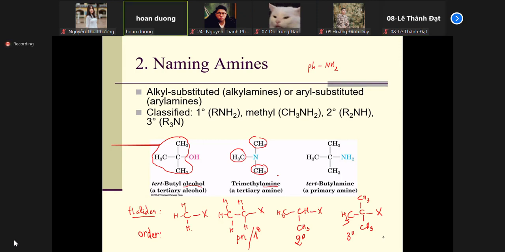Just very simple. You can see right here, I circled two things. I think the order should be used only for the substituent, not the order name.